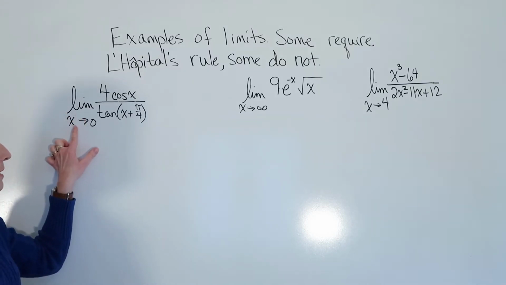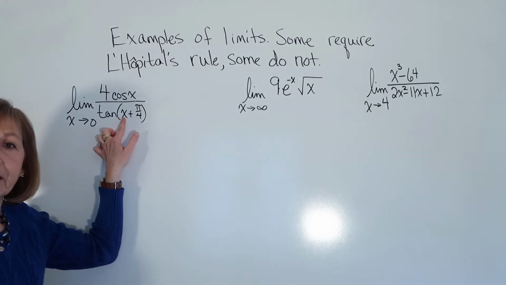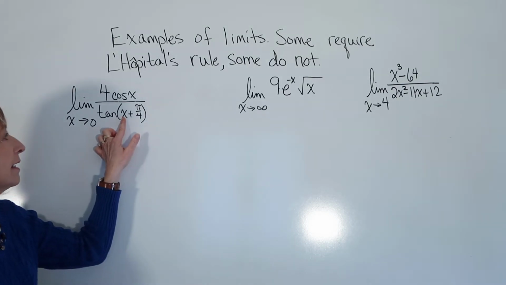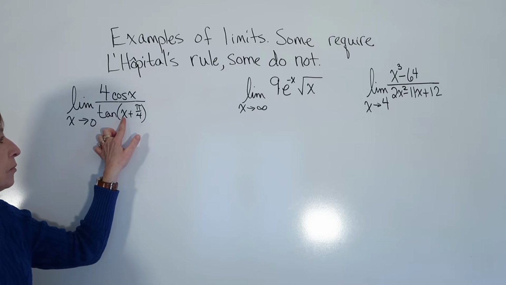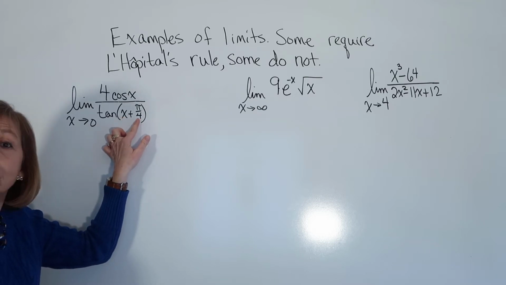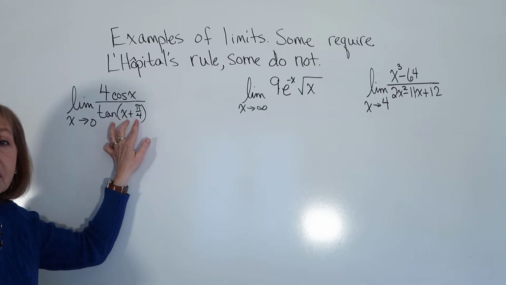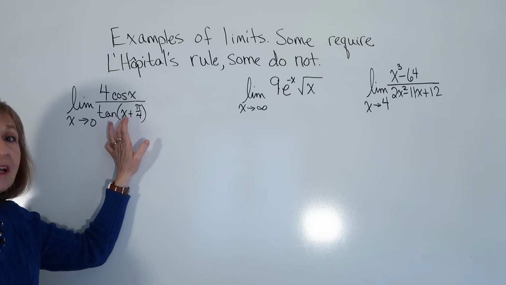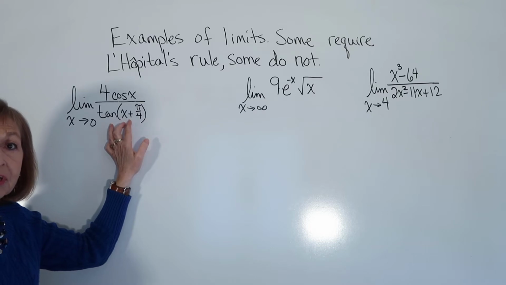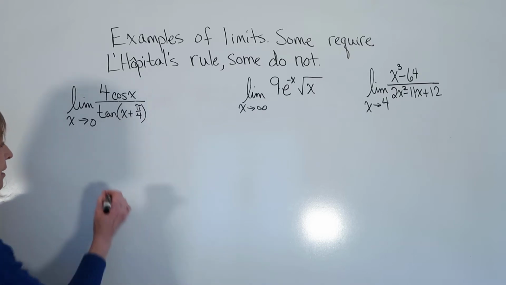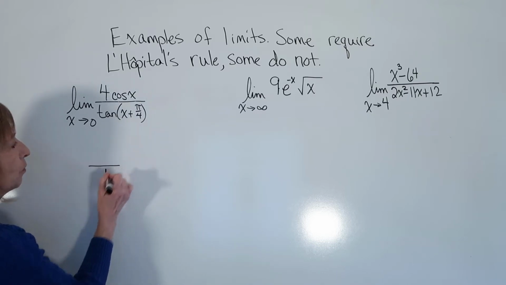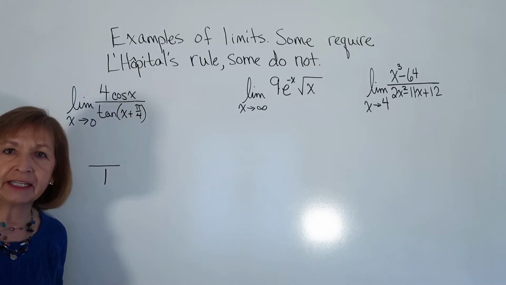So here, think about the value approaching 0 in the denominator. As x approaches 0, x plus pi over 4 approaches pi over 4. And the tangent of a value approaching pi over 4 approaches the value 1. So my denominator is 1, not 0 or infinity.